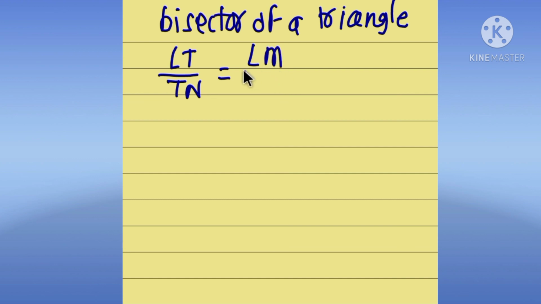So LM upon MN. This is the application of angle bisector of a triangle. Angle bisector divides the opposite side in the ratio of the remaining two sides.